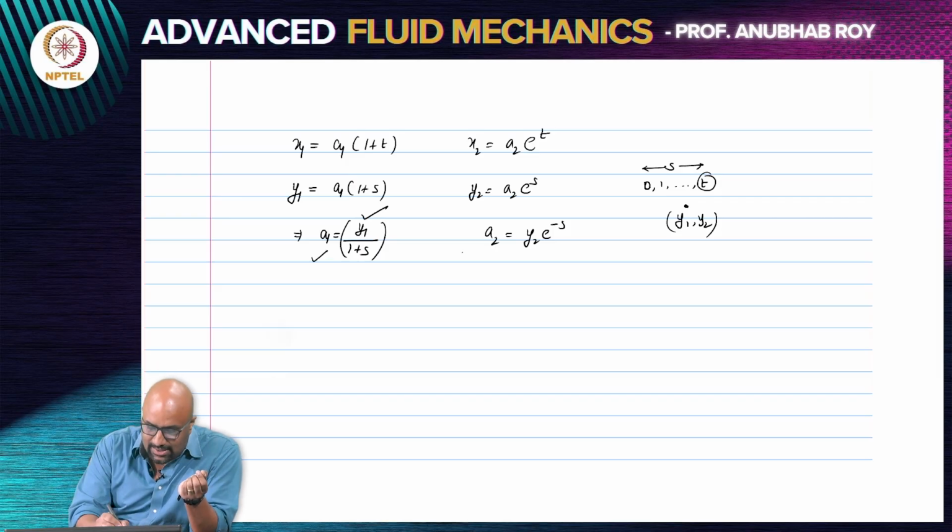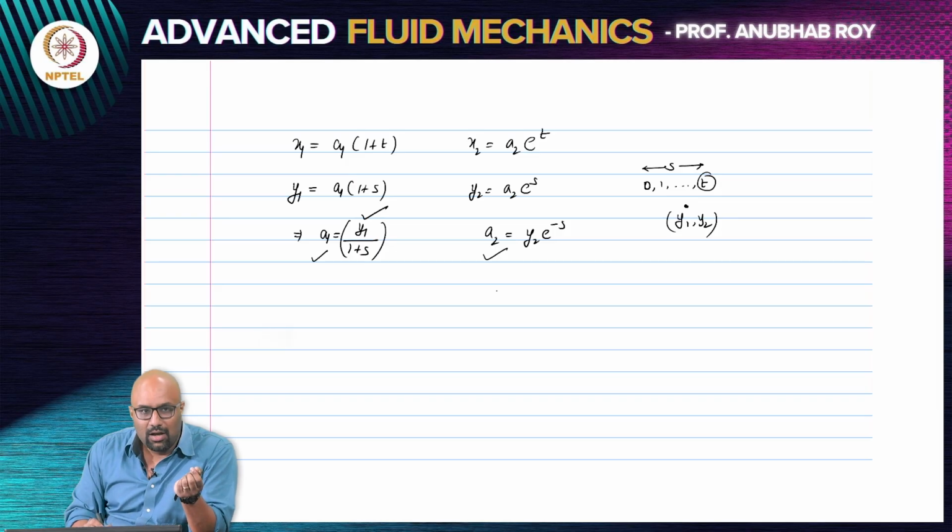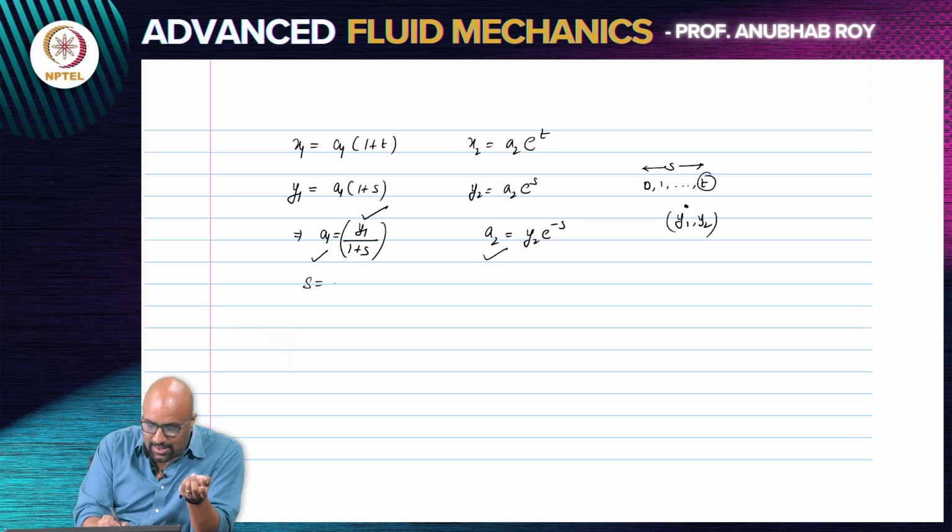So what this tells us is that the fluid particle would have been at points A1 and A2 if they are going to pass through y1 and y2 at an instant s that lies between 0 and 10. So if you choose s as 5, you will get A1 equal to y1 by 6. If you put s equals 0, A1 is equal to y1.